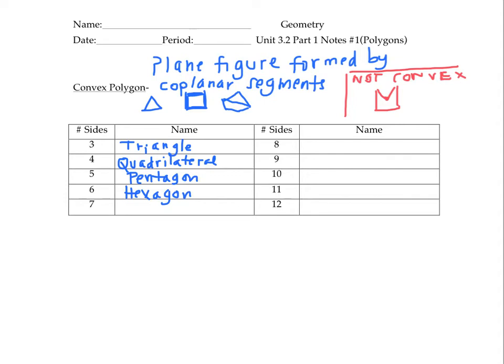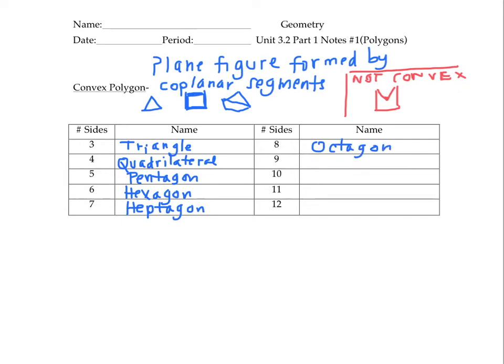A 7-sided figure, this one has kind of a funny name. It's called a heptagon. An 8-sided figure is called an octagon. You're probably familiar with that one.